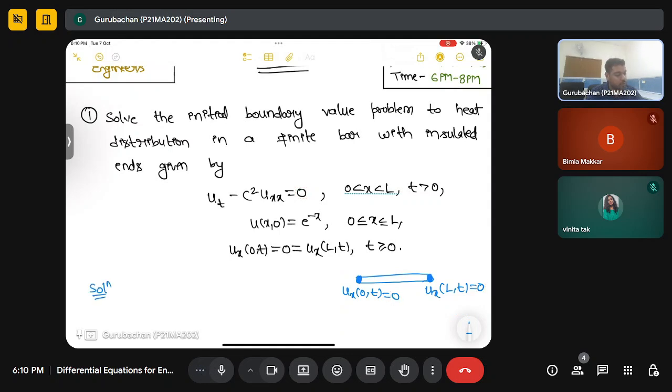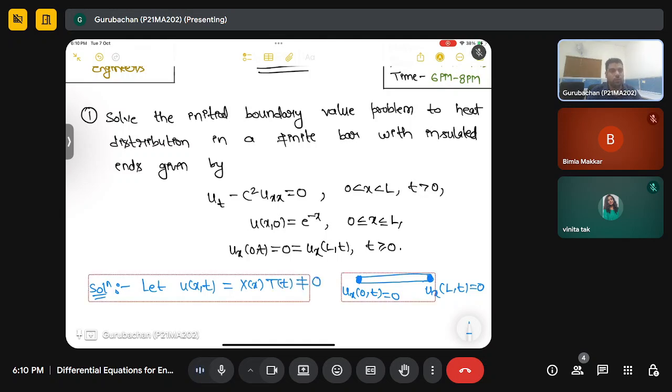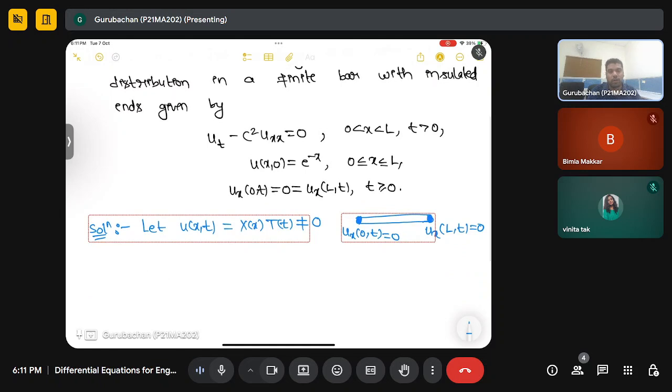Likewise in the earlier problem solving session, that is of week 10, we assume that u(x,t) is X(x)T(t), a non-trivial solution. That means neither X(x) is equal to 0 for all x, nor T(t) is equal to 0 for all t. So we are following the method of separation of variables.